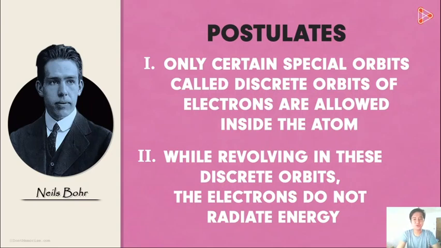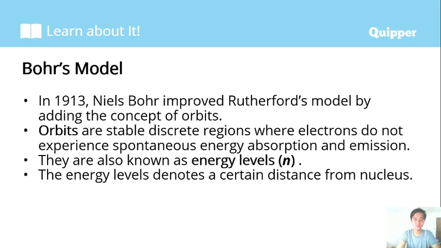Now you will observe that the model of Niels Bohr has specific orbits. Unlike Rutherford, who did not describe how electrons move around the nucleus, Bohr mentioned orbits where electrons are allowed and can be found. And the orbits that electrons occupy do not radiate energy. It was in 1913 that he added the concept of orbits.